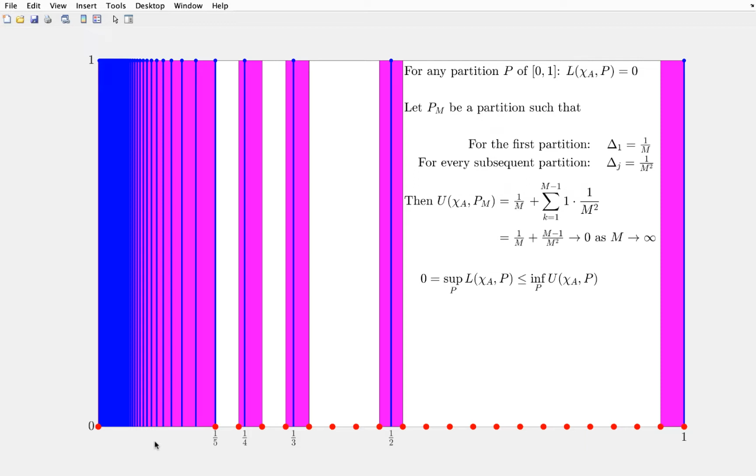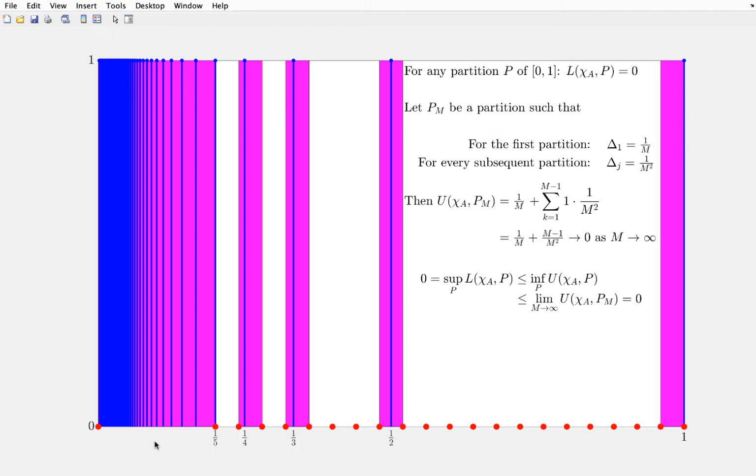It follows that, remember that the lower sum is always 0, so the supremum of a set containing just 0 is of course 0. The supremum of the lower sum is less than or equal to the infimum of the upper sum, right? That's one of the results from our section on integration.